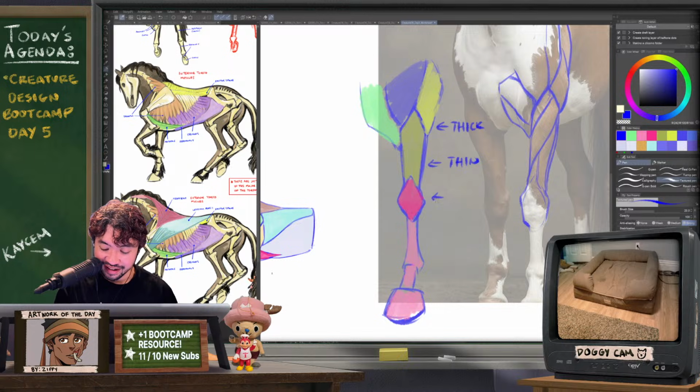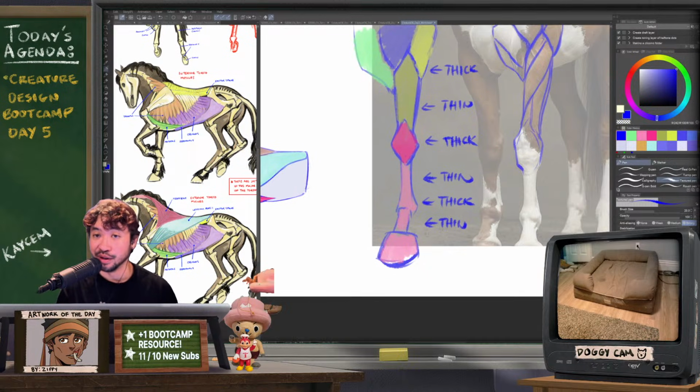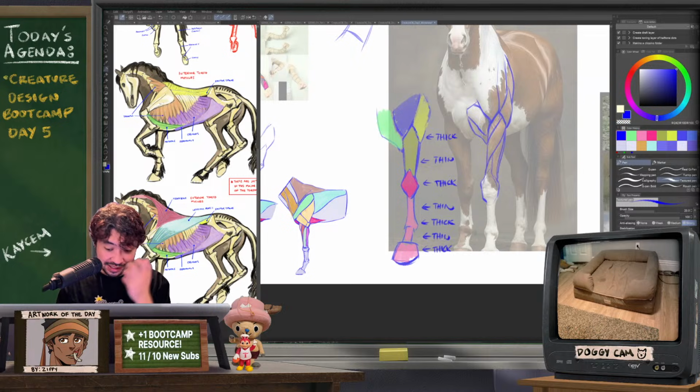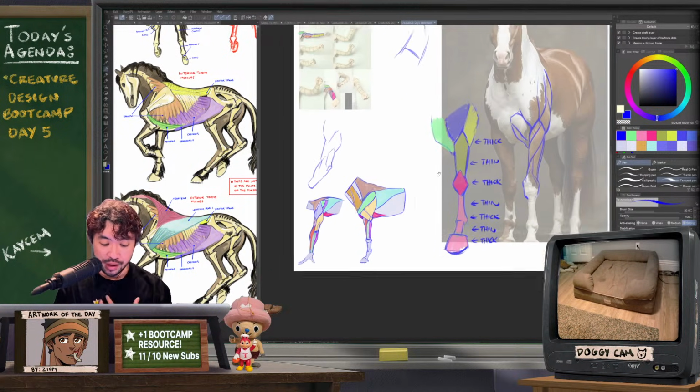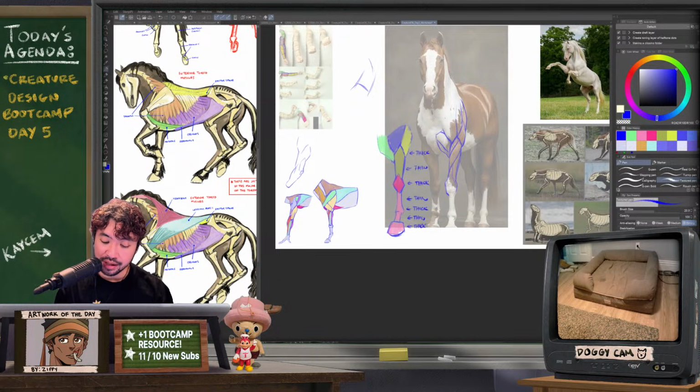Thick, thin, thick, thin. And then you could imagine the hoof. Thick. So all of this is to say, if you take the anatomy and apply the stuff you've learned from the anatomy, it'll make more sense. It'll make it easier to process, right? That's why I like to go through it all, because I think it is valuable.